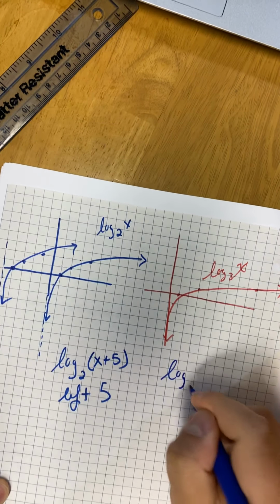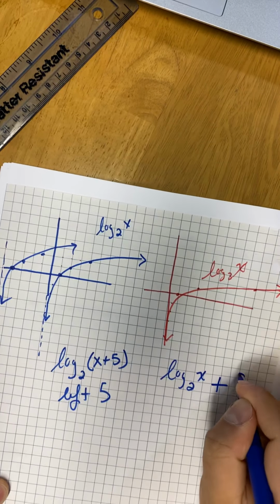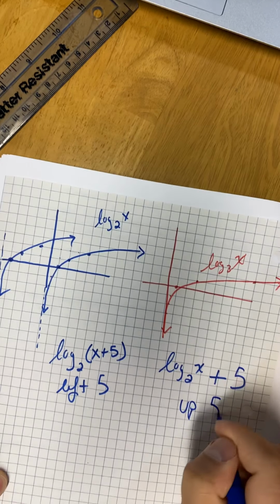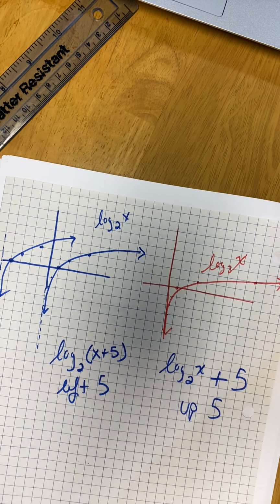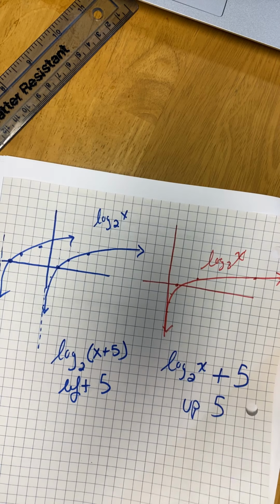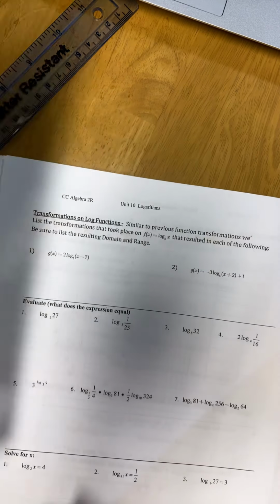If I did log base 2 of x plus 5 like that, that would be up 5. Same idea as the other transformations.